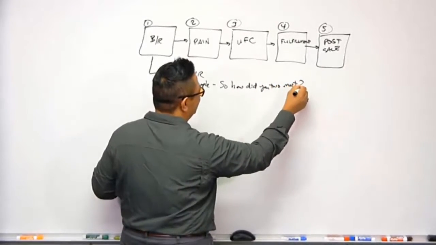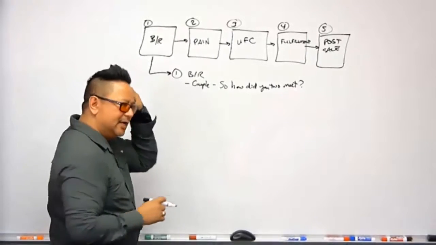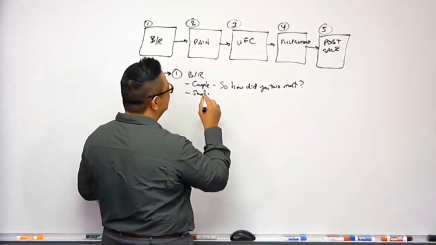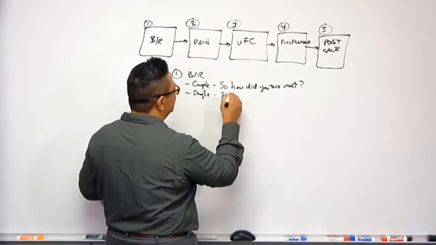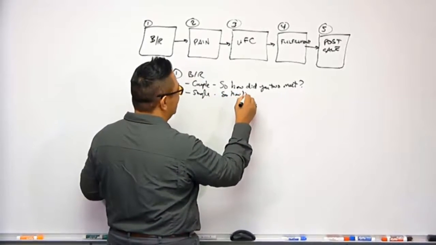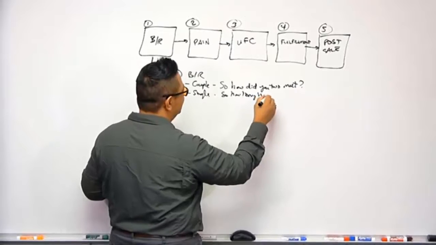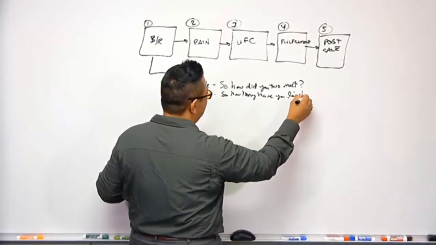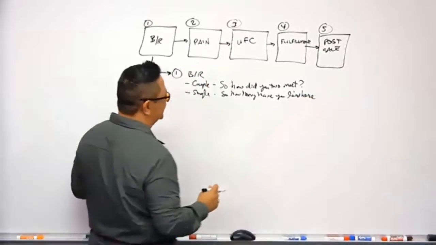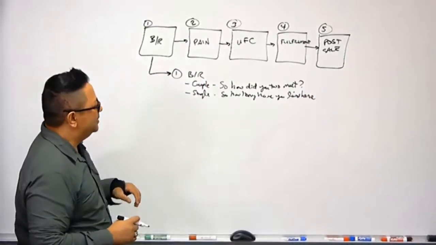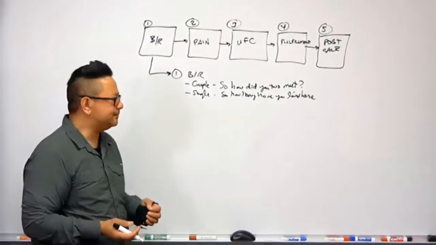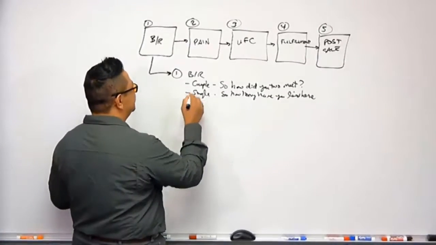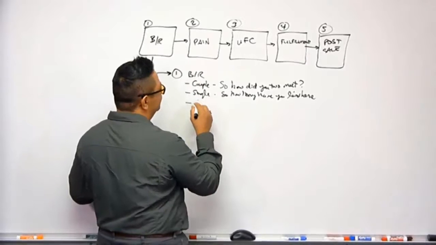That's a great bond and rapport question for a couple. Okay, if it's a single person, another great question is, so how long have you lived here in this house? It's a mortgage protection, okay? So couple, single, okay. Another bond and rapport question, and this kind of helps you get into the pain.